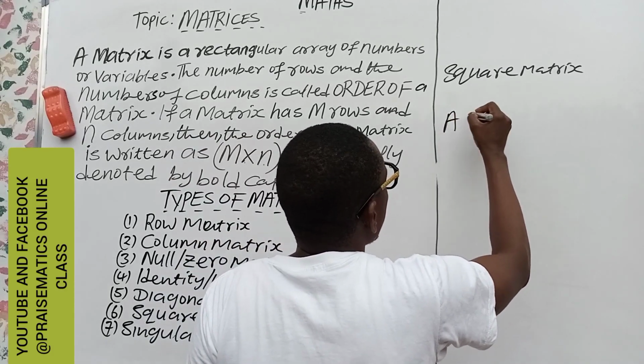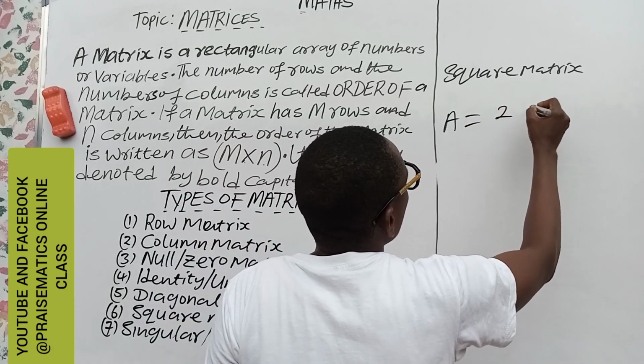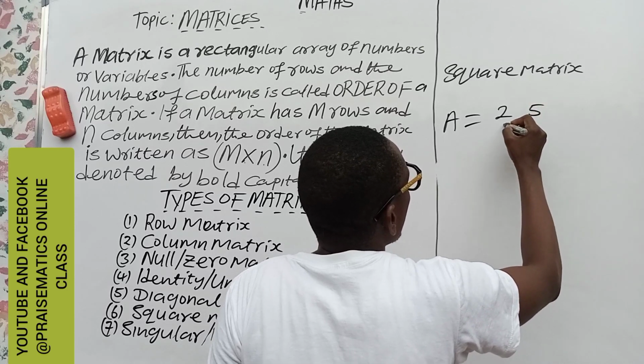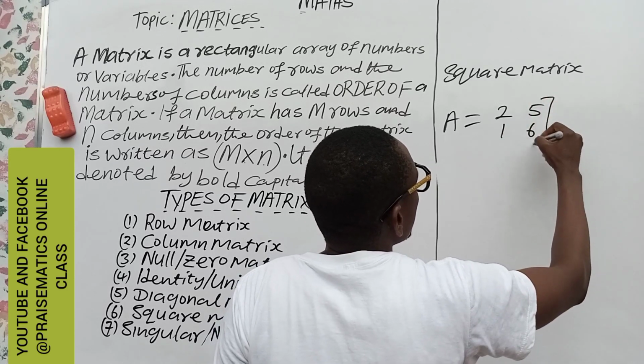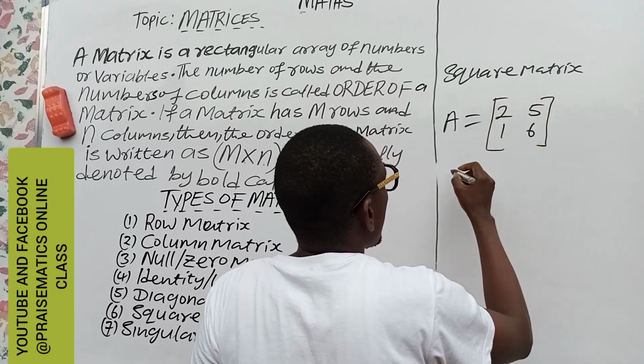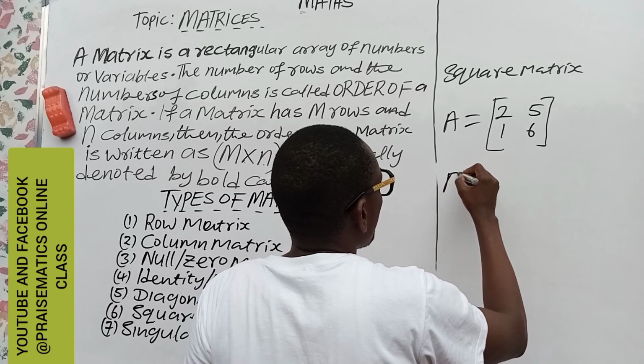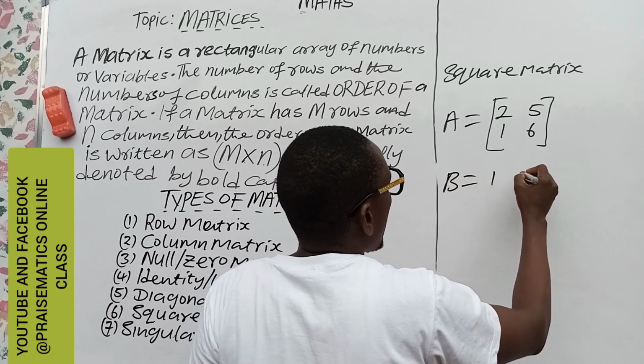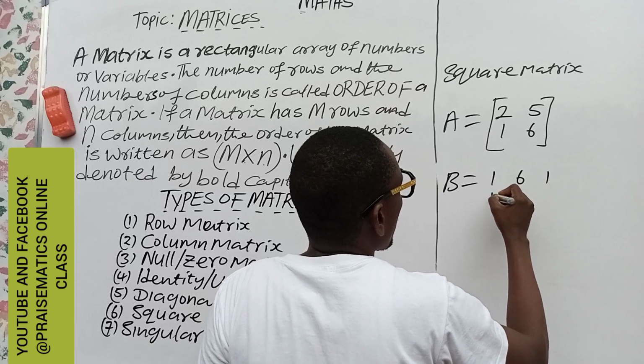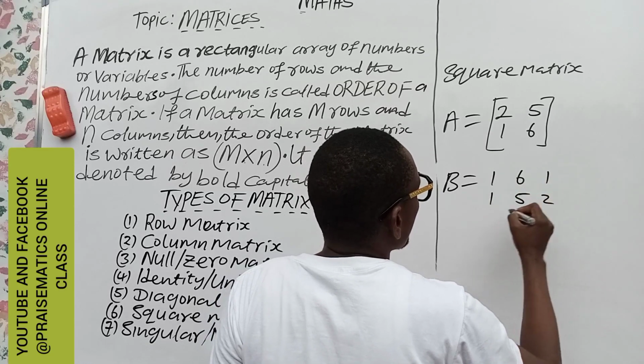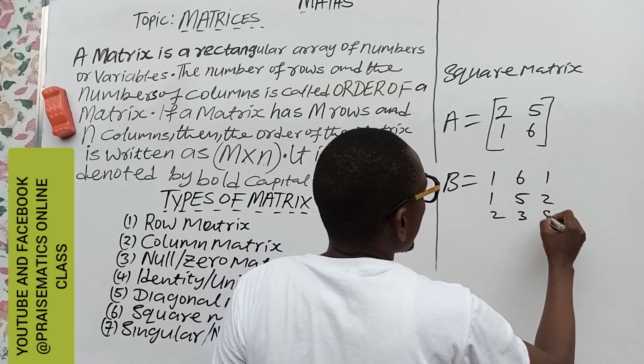Example, A equals 2, 5, 1, 6. And we have another one. B equals 1, 6, 1, 1, 5, 2, 2, 3, 8.